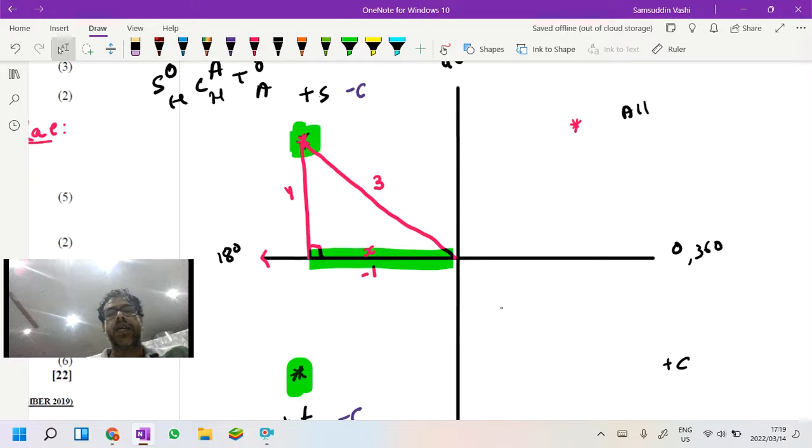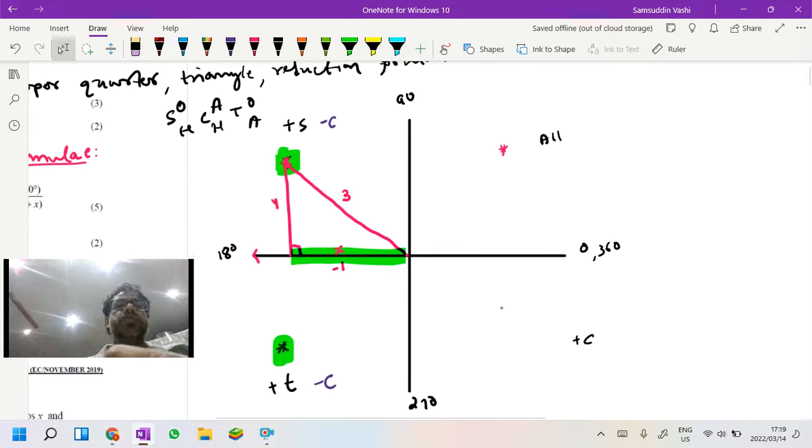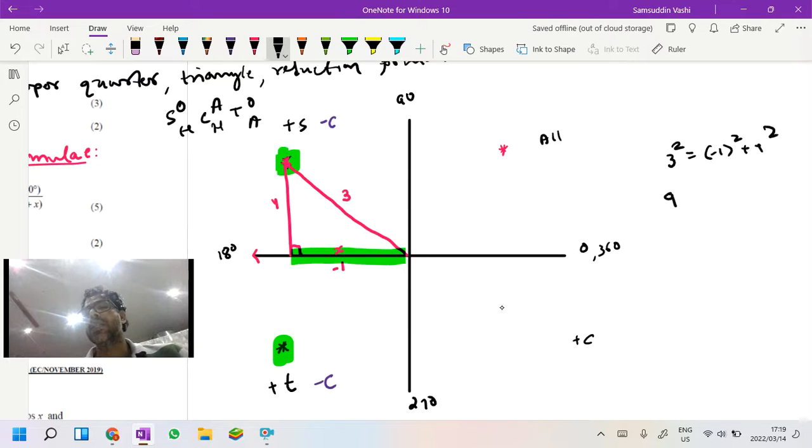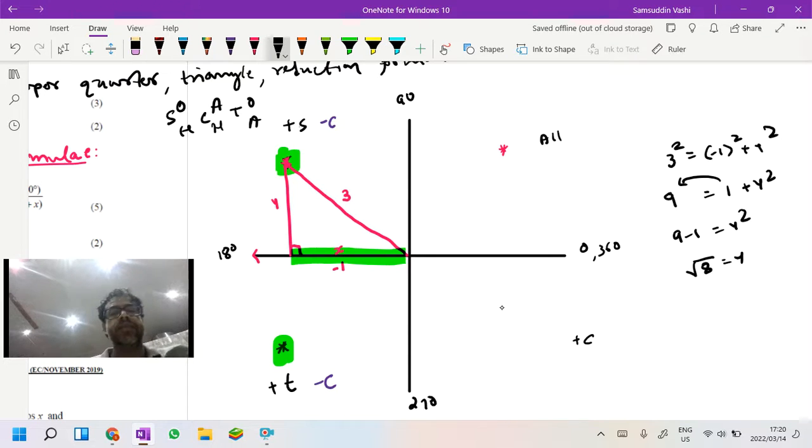This is a right angle triangle, so whether they tell me or not, I'm going to use Pythagoras. 3 squared is equal to negative 1 squared plus y squared. So 9 is 1 plus y squared. I'll bring 1 this side, so 9 minus 1 is y squared. Therefore y is equal to the square root of 8. And that's my opposite side.